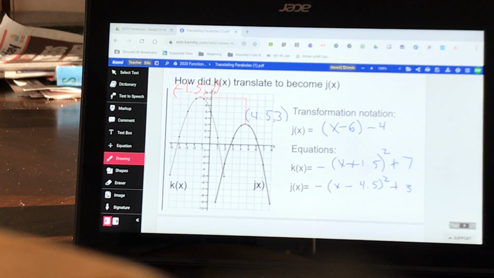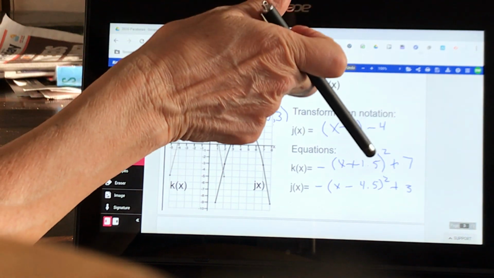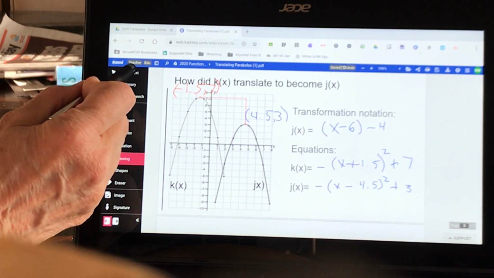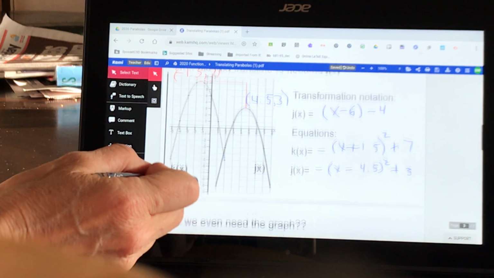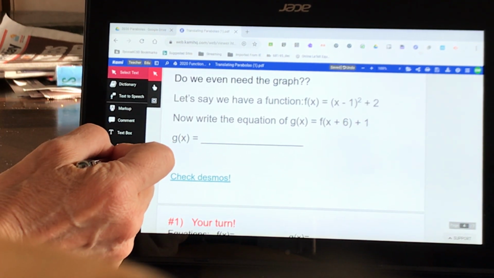We lost 4 from the 7. So we can actually add in the -6 to the x shift and the -4 to the y shift. We don't really even need to look at the graph. So on the next slide, we don't even have a graph.